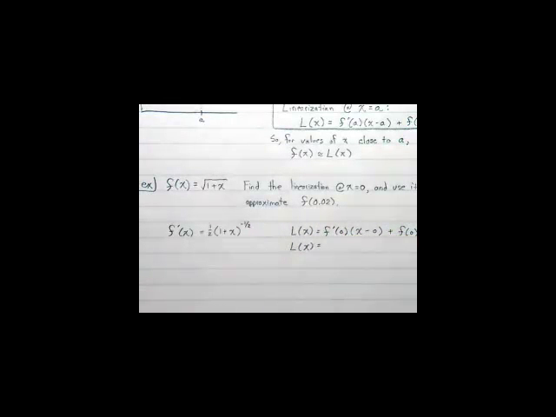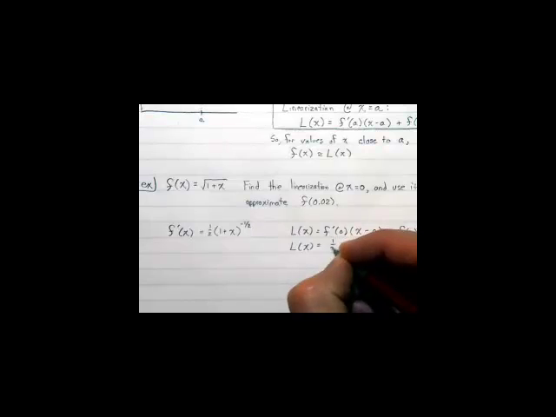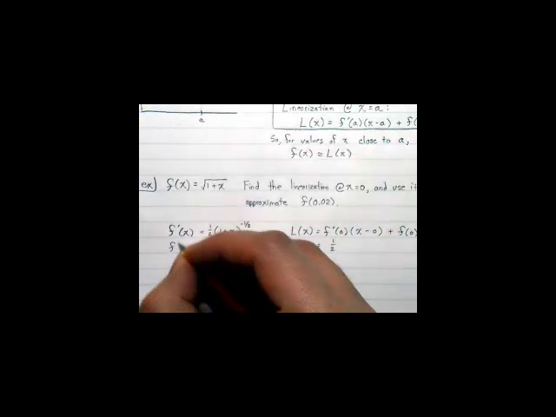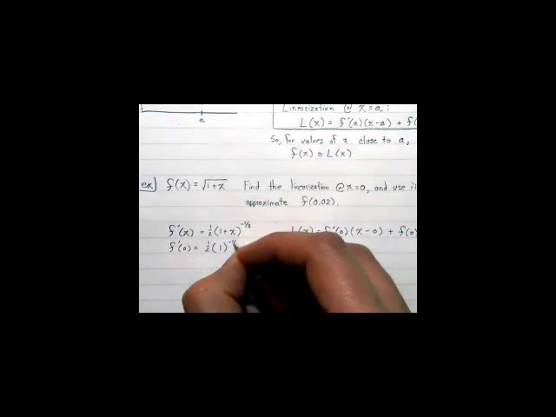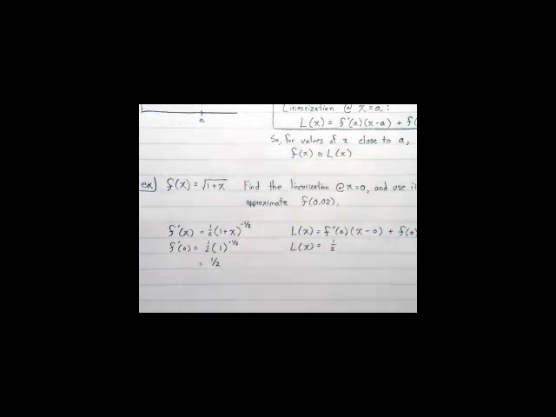Okay, so let's see if we can fill this out now. What is f prime of 0? One half. Okay. Right, because if I got my derivative here, f prime of 0 is 1/2 times 1 to the negative 1/2. That's a half.